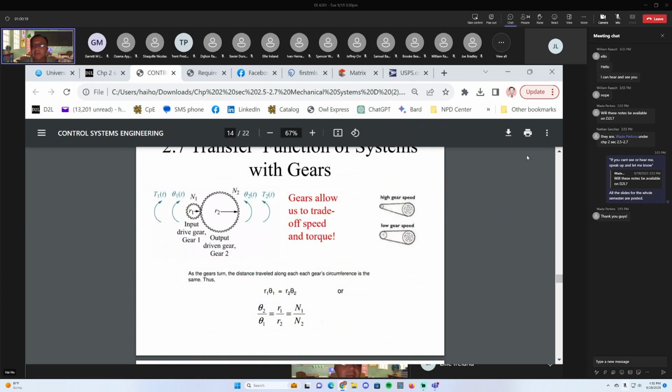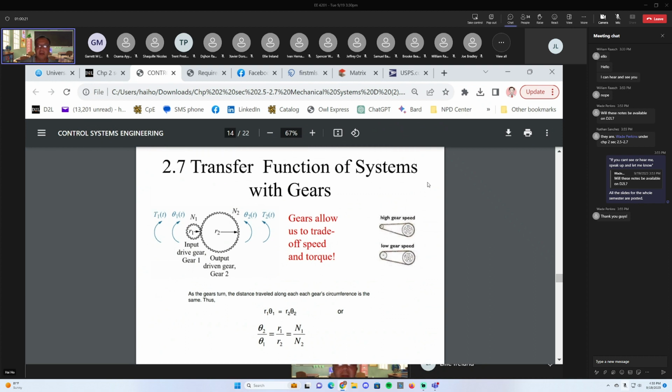And here's some basic relationships with gears. Okay, so you all have ridden a bicycle or a 10-speed before, at least once in your life.